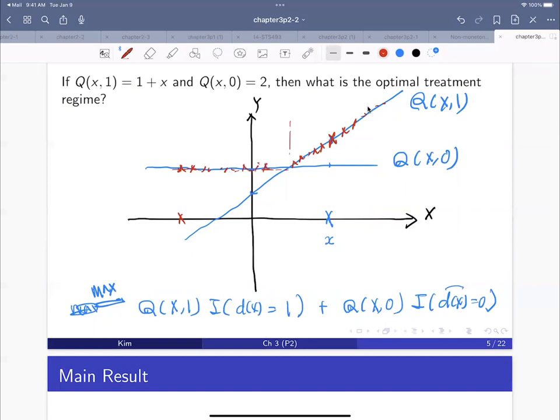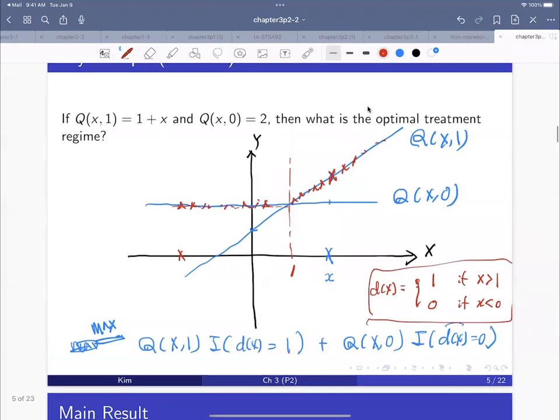Then this is 1. So basically d(x) is equal to 1 or 0 depending on whether x is greater than 1 or x is greater than 0, using this graph.